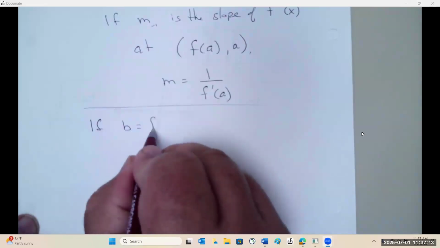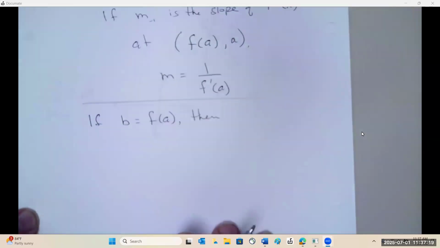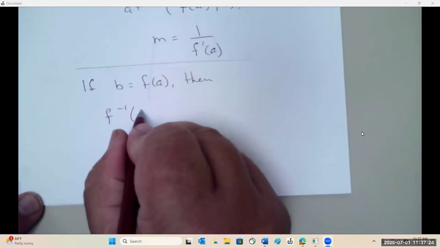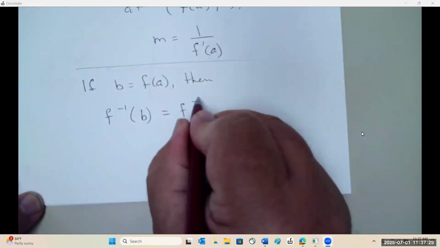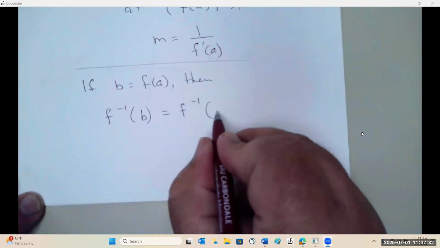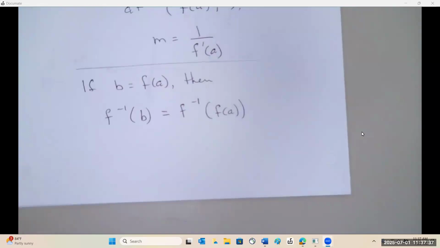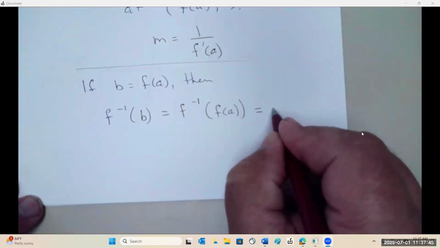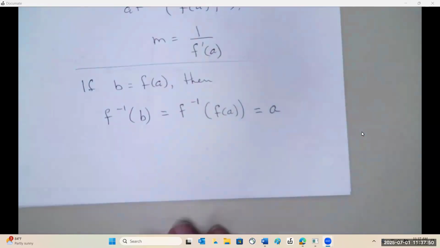If b is equal to f of a, then the inverse function of b is equal to the inverse function of f of a. And what does that equal? The inverse function of the function is equal to what? Not 1, a. It equals the operation itself, right?